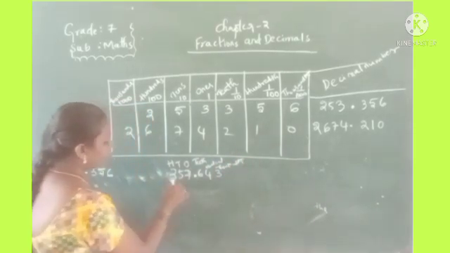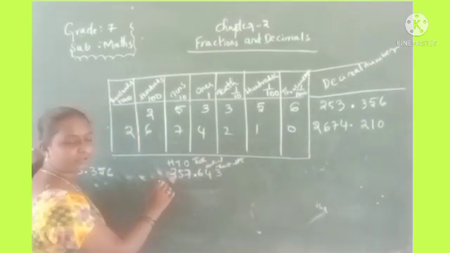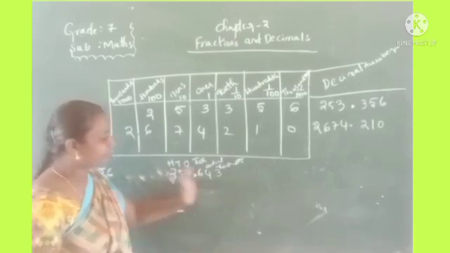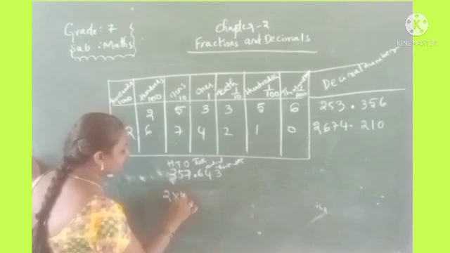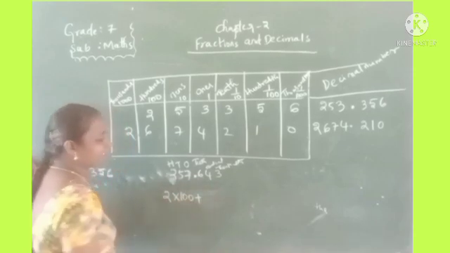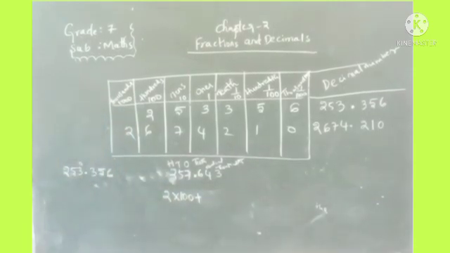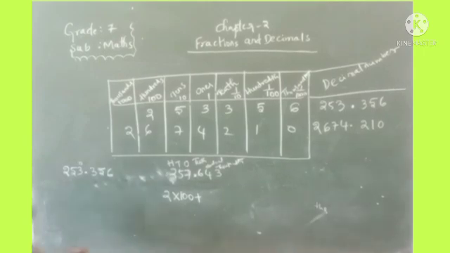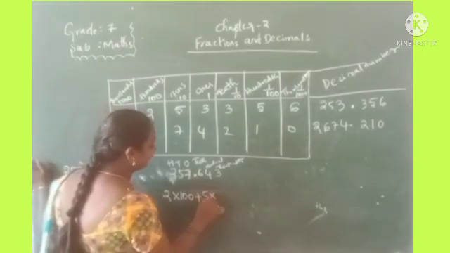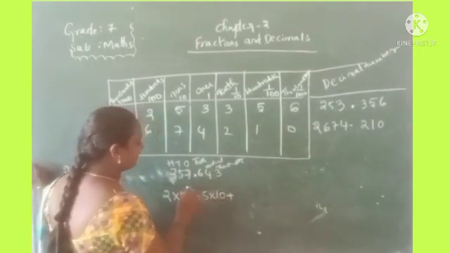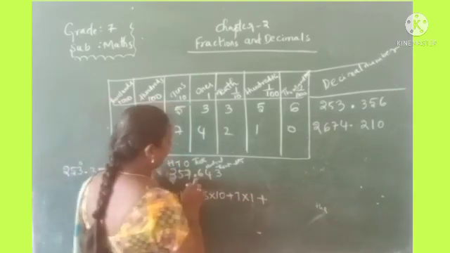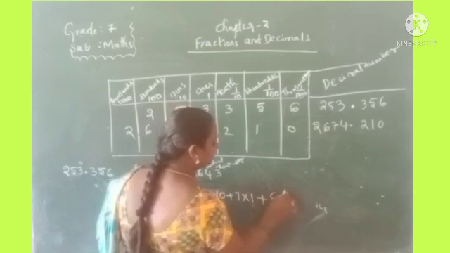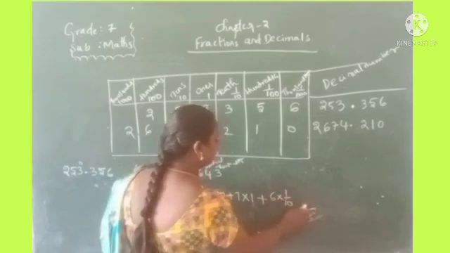Now you have to start the expansion from left side to right. The place value of 2 is 100, plus the place value of 5 is 10, that is 5 into 10. The place value of 7 is 1, plus the place value of 6 is tenth, that means 6 into 1 by 10.